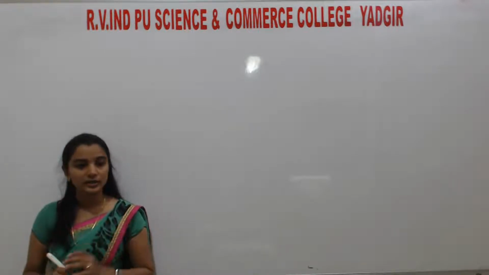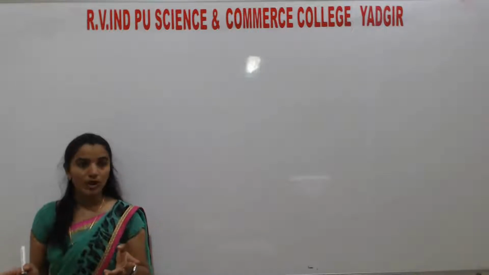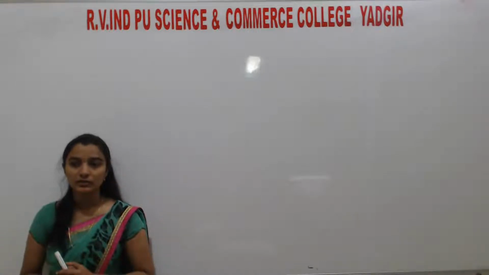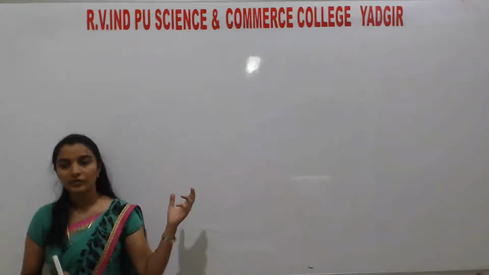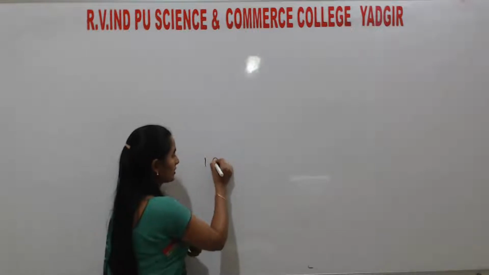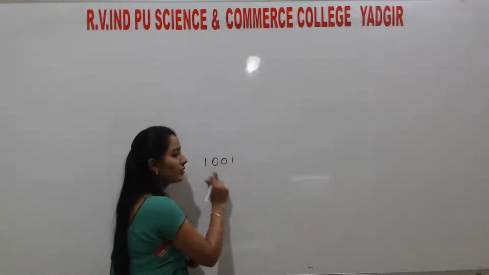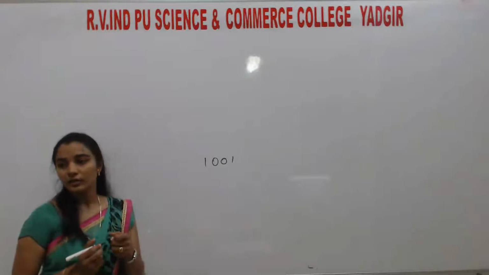Except 0, all the digits are significant. Zeros in between two non-zero digits are significant, like 1001. So the significant figures are 4, because these zeros are in between non-zero digits. So of course they are significant.